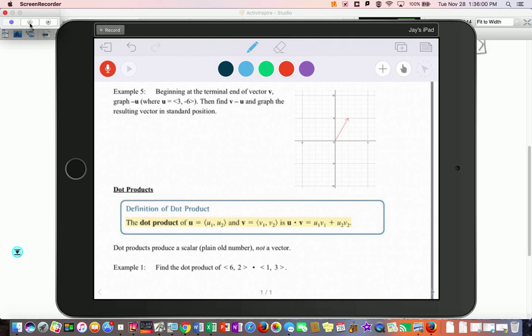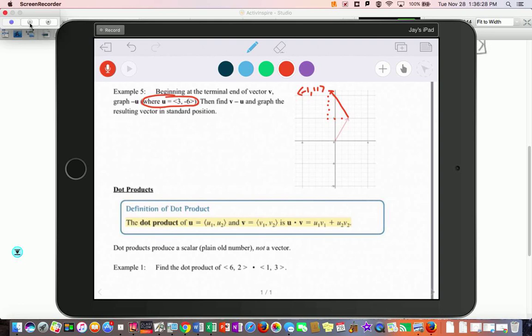So the same thing here. If u was 3, negative 6, instead of going to the right 3 and down 6, I'm going to go to the left 3 and up 1, 2, 3, 4, 5, 6. And it looks like I ended up at negative 1, 11.